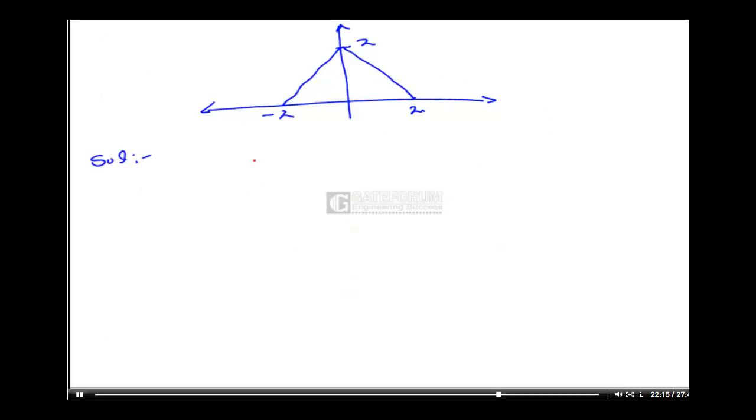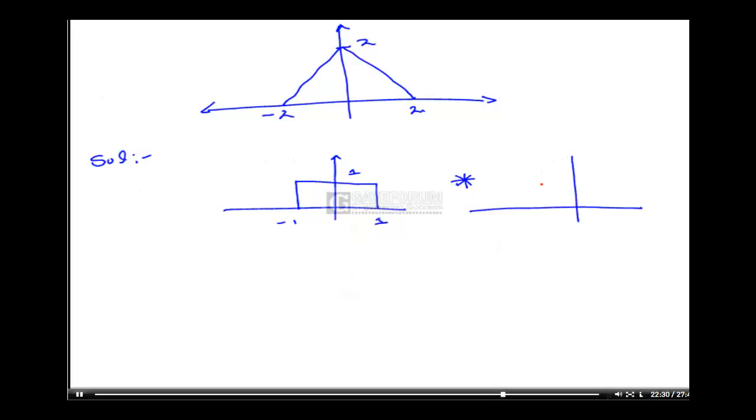See, the convolution of two rectangular pulses will give me a triangular wave.